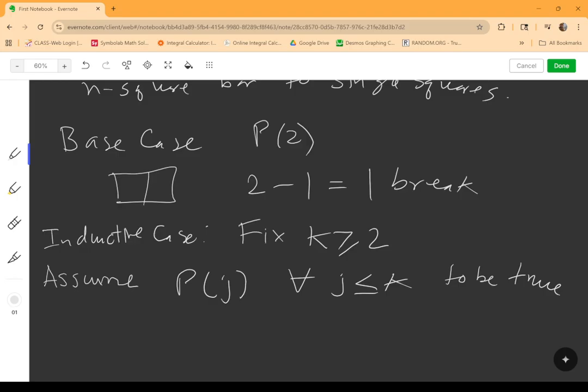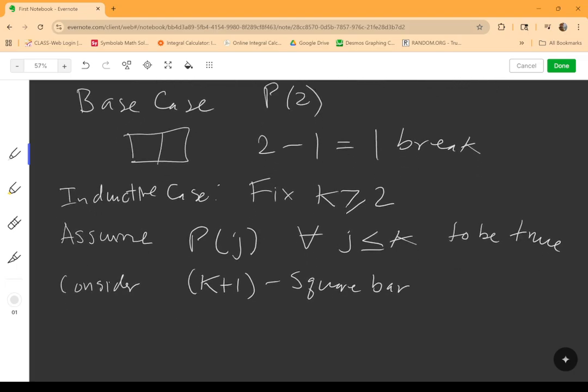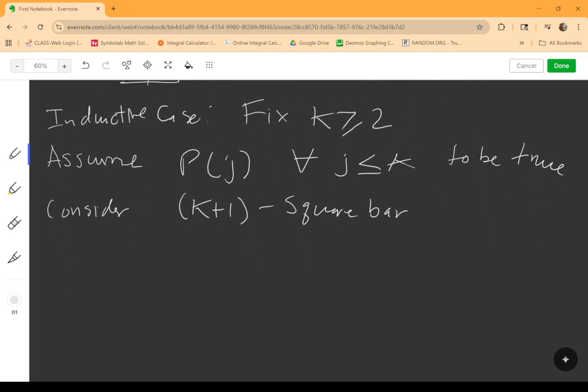Okay, so now we want to consider a k plus 1 square bar. So we increase it by a size of 1.